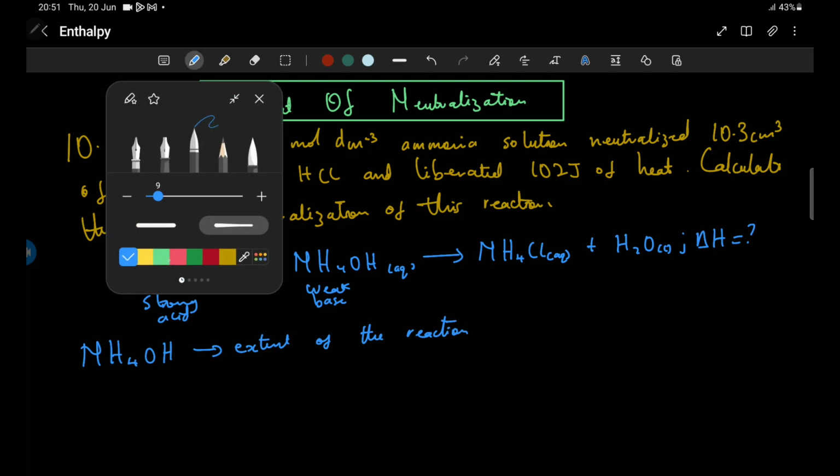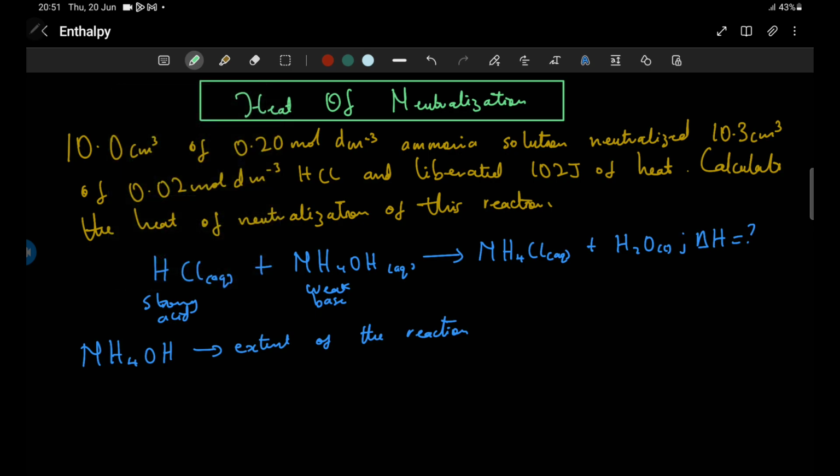So weak bases are partially ionizable. Same thing with weak acids. So once the weak base cannot be ionized any longer, then the reaction stops. So we need to get the number of moles for ammonium hydroxide. And that is 10.0 cm³ over 1000 cm³.